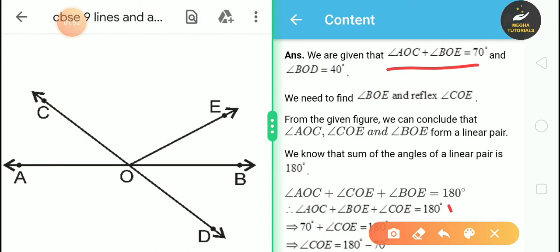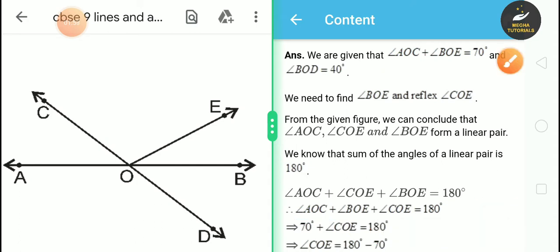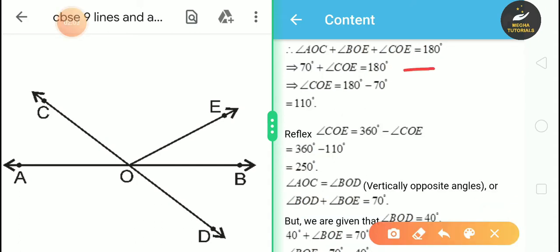Therefore in this equation we will replace angle AOC plus angle BOE by 70 degrees, and then we will get 70 degrees plus COE is equal to 180 degrees. Then we will transpose 70 to the RHS so that we get angle COE is equal to 180 minus 70 degrees, which is 110 degrees. Therefore we got angle COE is equal to 110 degrees.